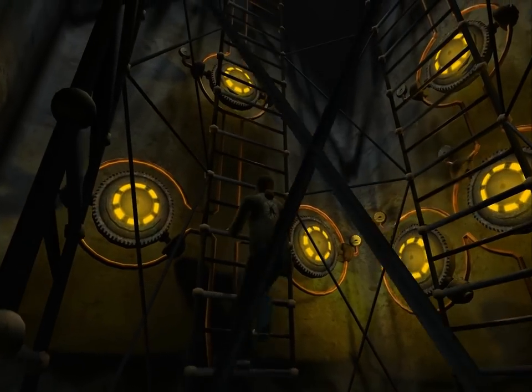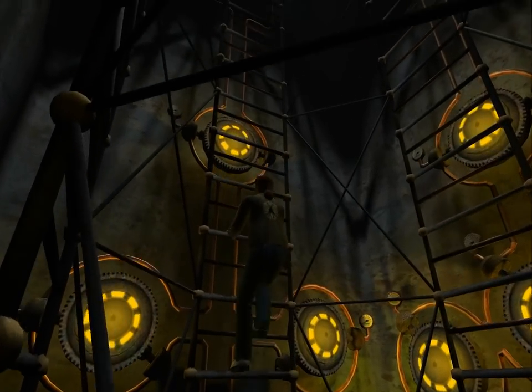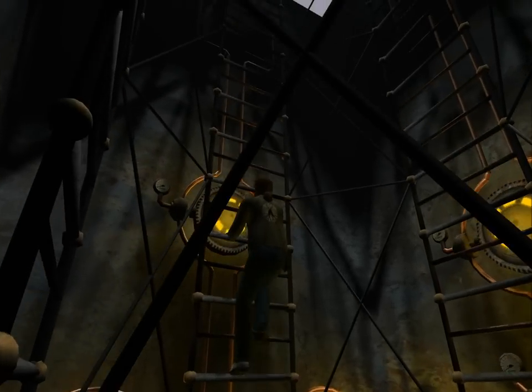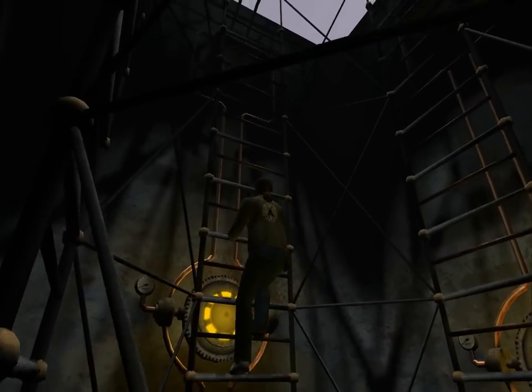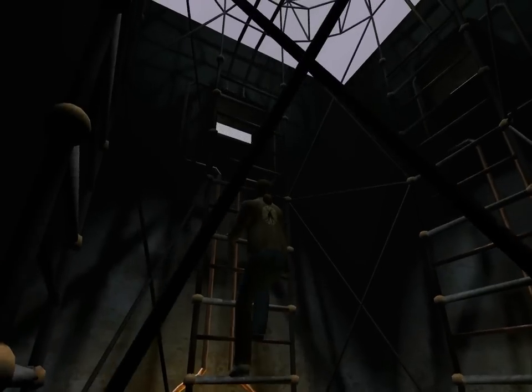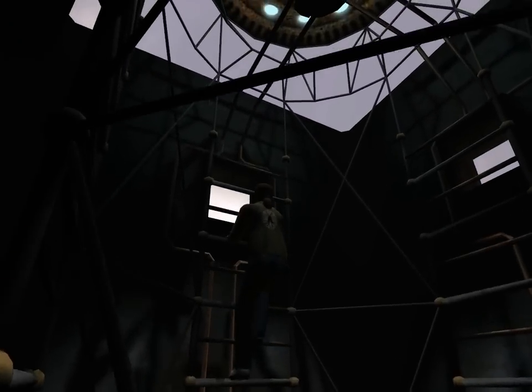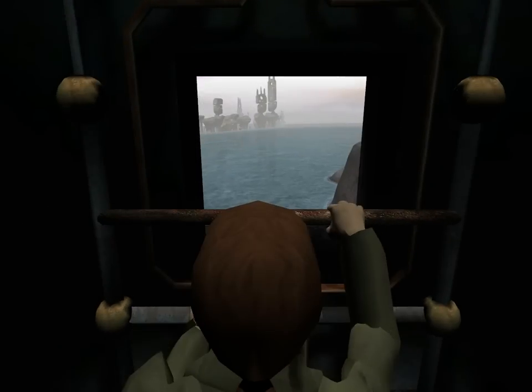You can see there's various pipes and other equipment along the wall here. Well, from here we can look out at one of the distant islands.